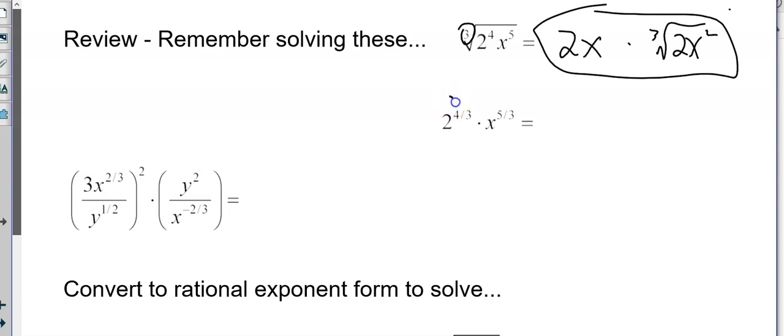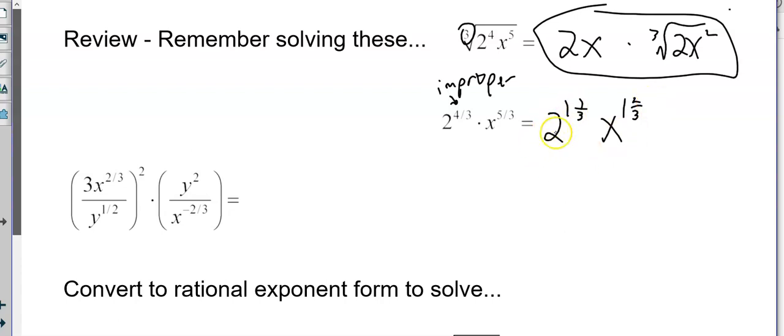Same problem written in rational exponent form. So anytime this exponent is improper, it can be simplified. The way to simplify this is first to write it as a mixed number. Usually I don't like doing this, but 2 to the 1 and 1/3 power, x to the 1 and 2/3 power as mixed numbers.